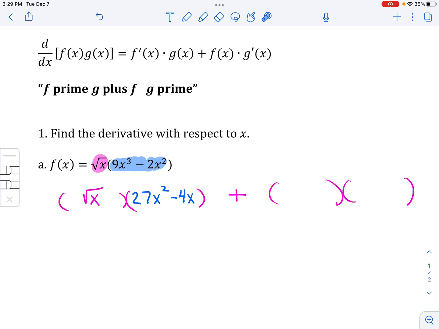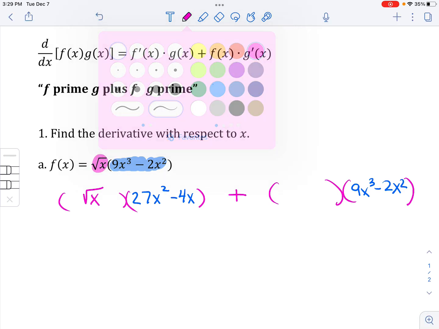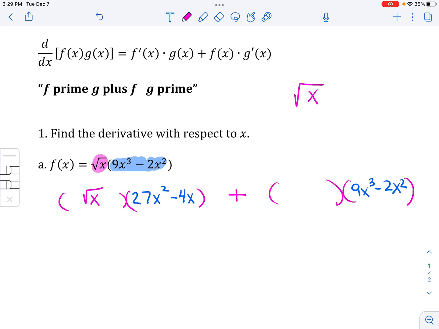For these, I'm going to do the exact opposite. So for this one, I took the derivative of blue and I left the pink one alone. So this time, I'm going to leave the blue alone. And I'm going to take the derivative of this. So if you remember, the derivative of square root of x is a lot easier if you have it written as an exponent. So root x is the same thing as x to the one half.